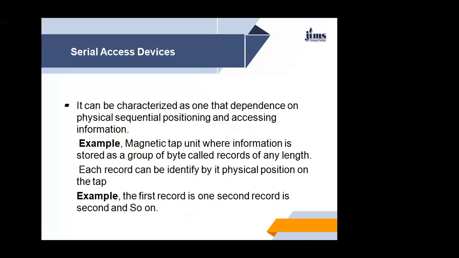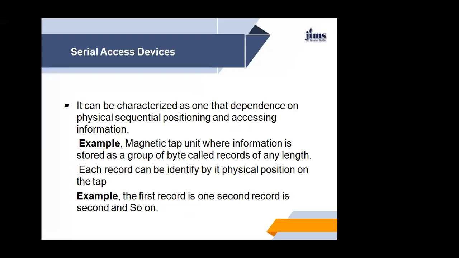It can be characterized as one that depends on physical sequential positioning for accessing information. An example is the magnetic tape unit, where information is stored as a group of bytes called records of any length.